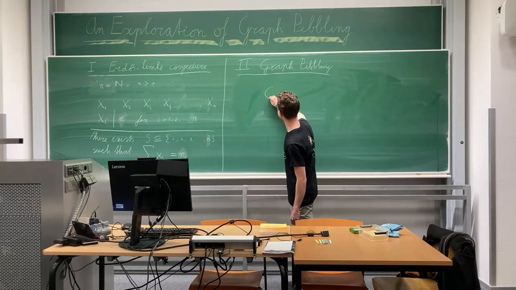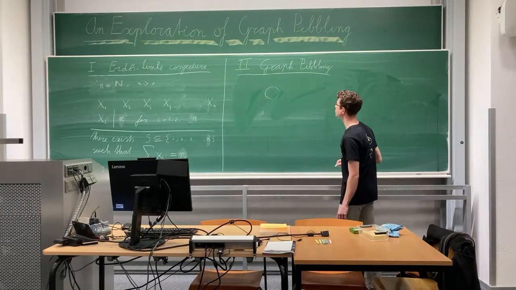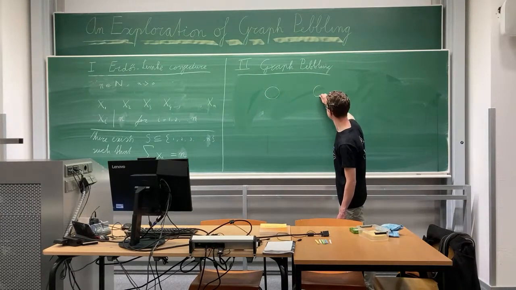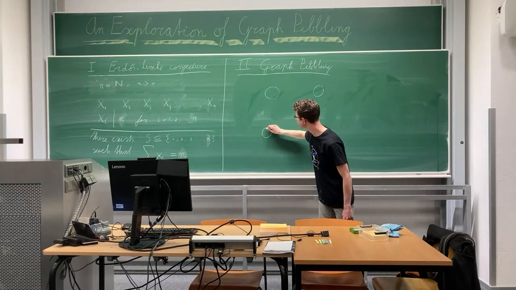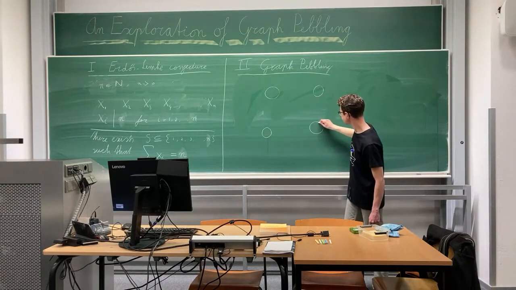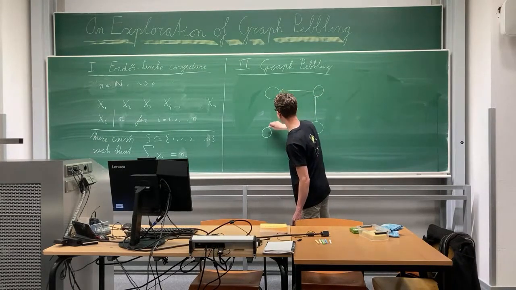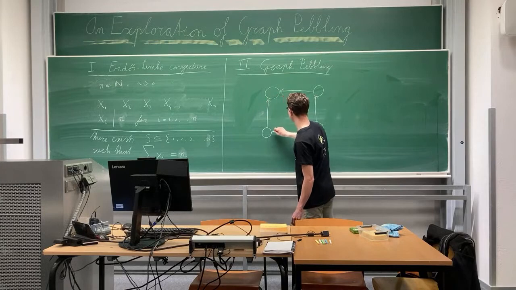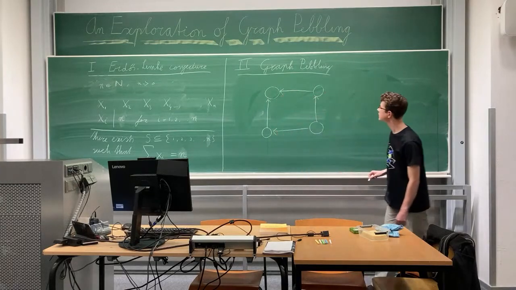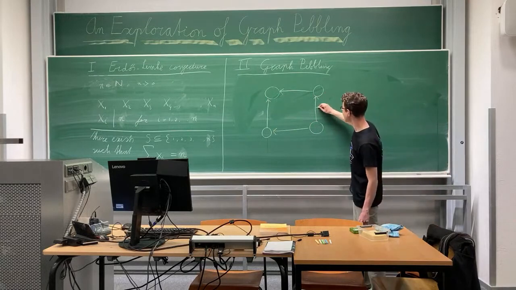A graph is a collection of vertices, which I'm going to draw as circles. And between those vertices, there can be some edges that are connecting from one vertex to another vertex. And our edges also have a direction. And our edges also have a weight, which I'm going to draw in a box next to the edge.